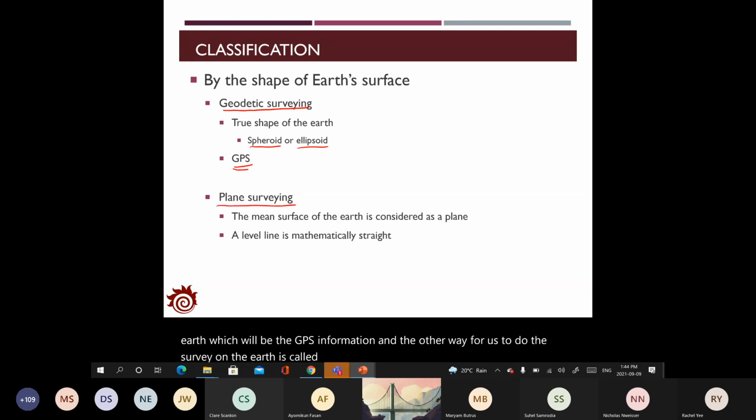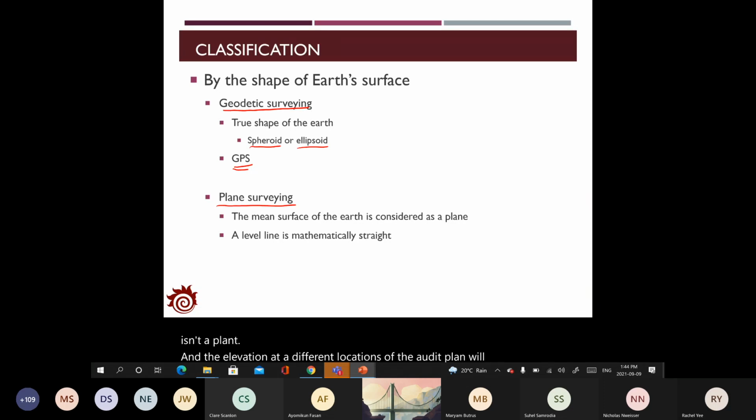And the other way for us to do the survey on the Earth is called plane survey. So we will ignore the curvature of the Earth at any location and assume that the surface of the Earth is a plane. And the elevation at the different locations of the plane will be the same.